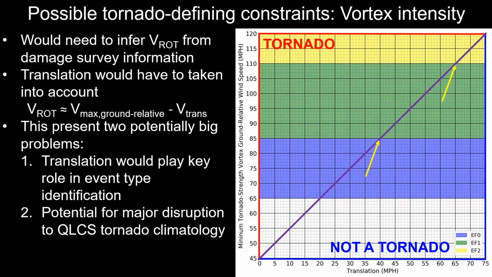Your vortex would have to be EF2 intensity to even be potentially considered tornadic in nature. So vortex intensity, while it might make some sense in terms of not wanting every little vortex to be considered a tornado, could pose some real big problems to the overall climatology of tornadoes, especially in the eastern half of the United States, if we went this route.